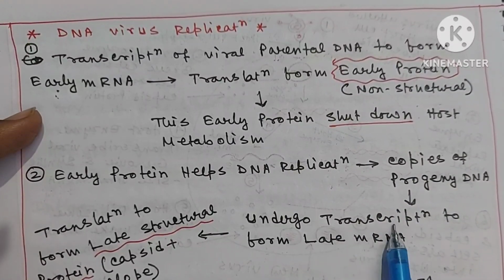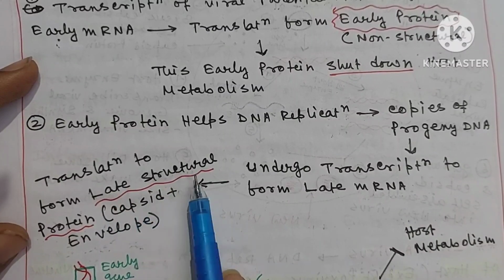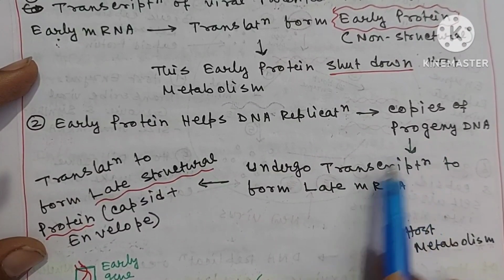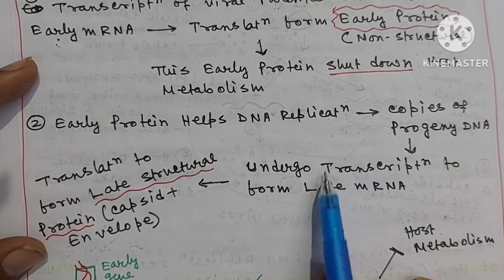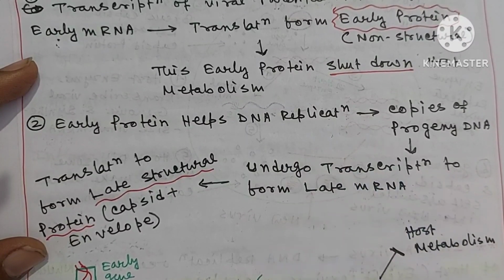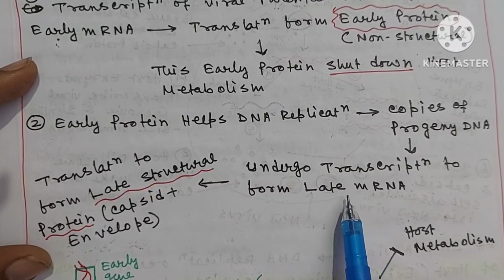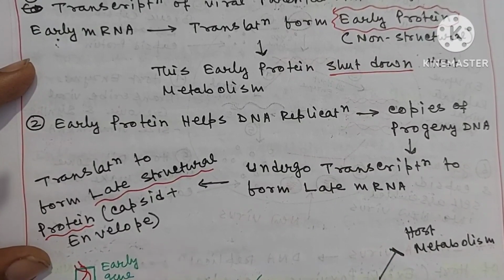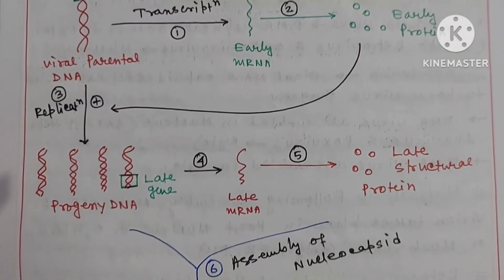This progeny DNA undergoes transcription to form late mRNA, and this late mRNA is translated to form the late structural protein. The progeny DNA synthesized by DNA replication using the early protein and the protein material synthesized from the late mRNA are assembled together to form a complete virus particle. This is the reproductive strategy of DNA-containing viruses.